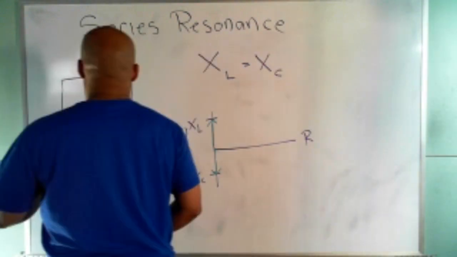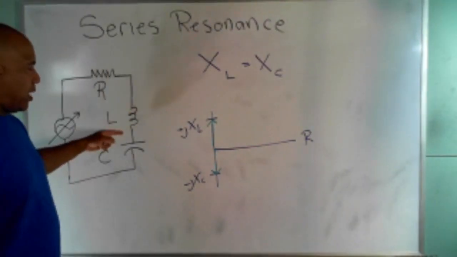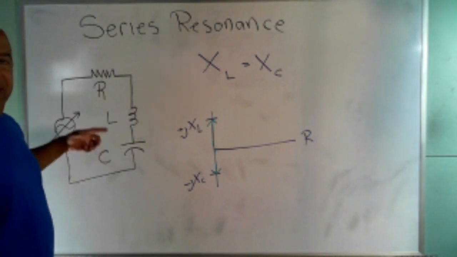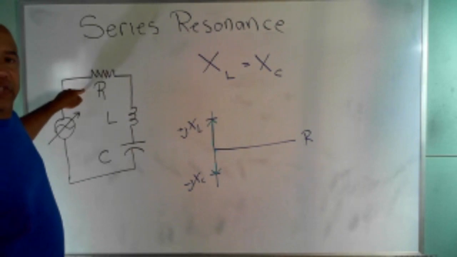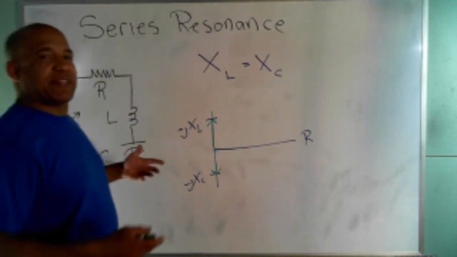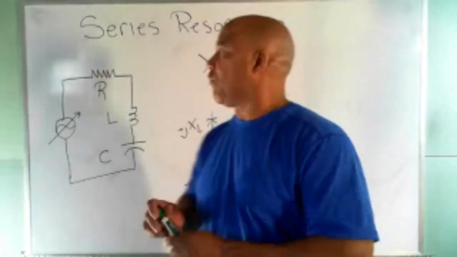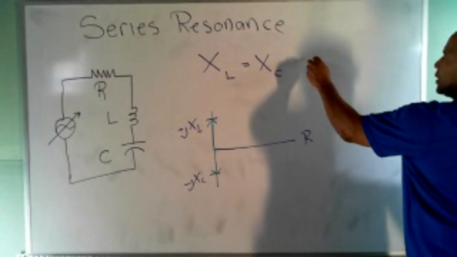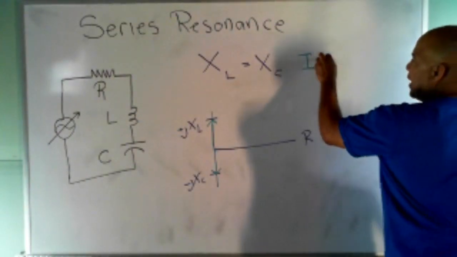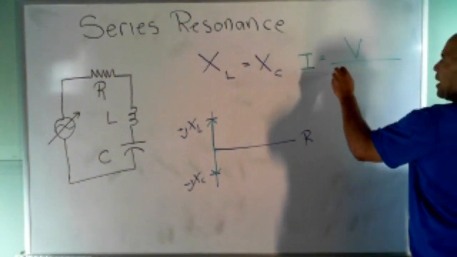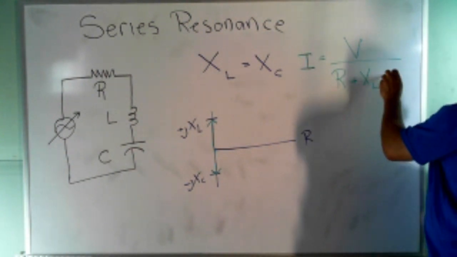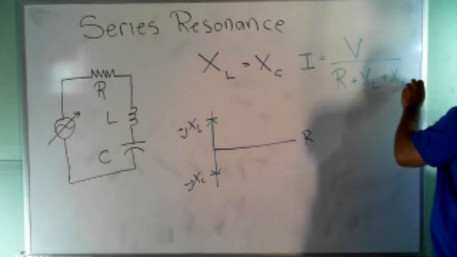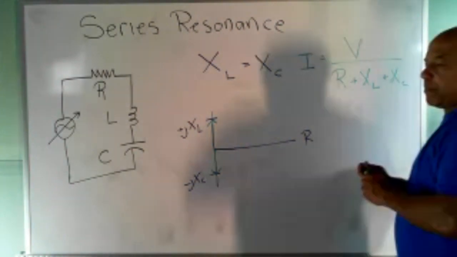At that point, these two have equal and opposite ohmic values and they cancel out, so the only opposition I have in the circuit is the resistance. Since I've taken opposition out of the circuit, you know from Ohm's law that originally my current was defined by the voltage divided by the resistive opposition plus the reactive opposition from the inductor and the capacitor.